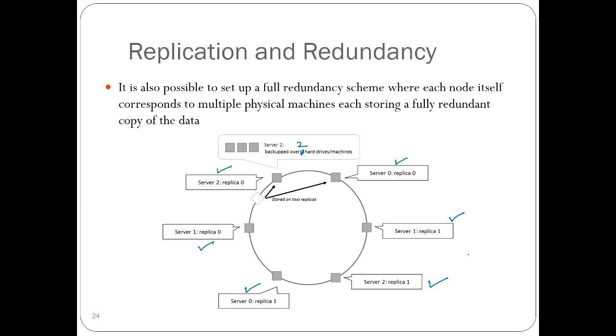So in this version of consistent hashing, you can see that we have multiple replicas for each server. This is a different example, but we can use it for understanding replicas as well.